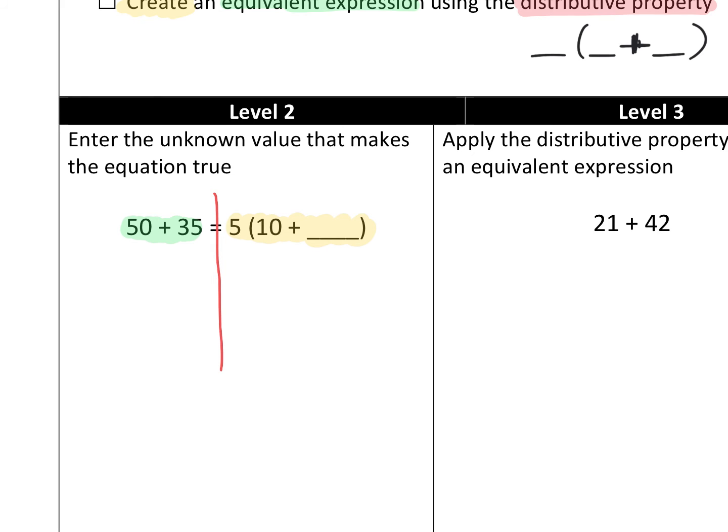But they're equivalent. That means they're the same. So what I like to do is I know distributive means multiply, so I can multiply that because there's parentheses. I know I have to multiply 2 numbers, okay? Well, the first one, 5 times 10 gives me 50. You notice I have a 50 here.